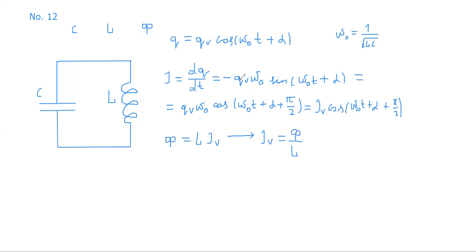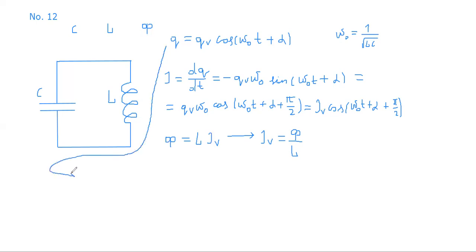Okay, and what about alpha? If at a moment in time t0 the electric current was maximal, it means that the electric charge was equal to 0.